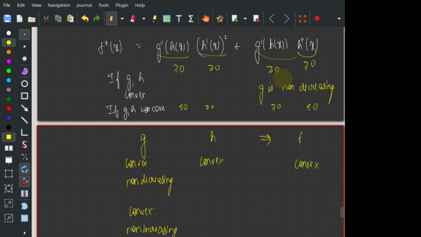What if h double dash of x is less than or equal to 0? What if h is concave? You don't need h to be concave, why?